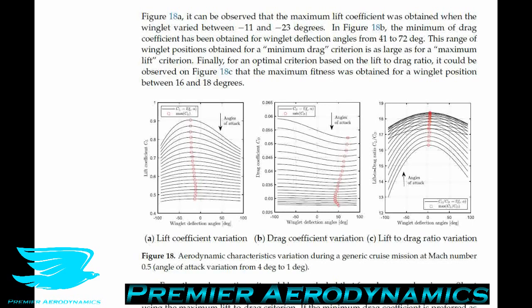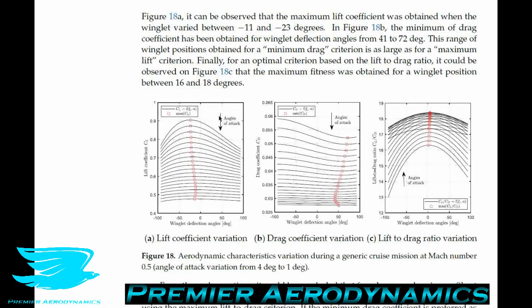Interestingly, at 4 degree angle of attack, the winglet pivot angle now has quite a large effect on both the lift and drag coefficient. So we can see here this top line for 18A and this top line for 18B corresponds to when the angle of attack is 4 degrees for the lift and drag coefficients respectively.